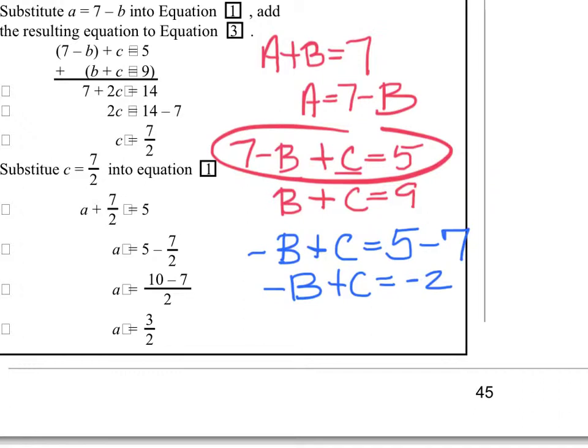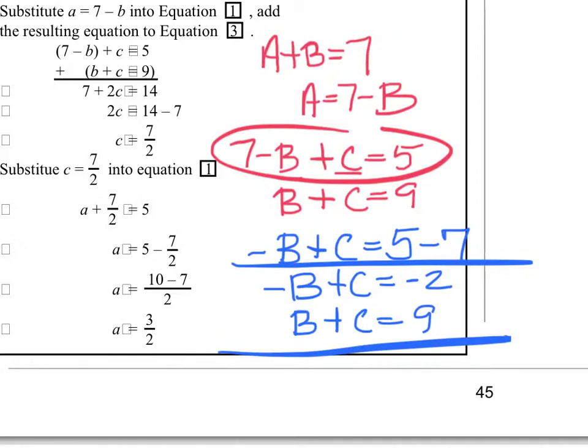We'll just draw a line there, and we'll put that with B plus C equals 9. And so you can take the bottom positive by negative. So the B's cancel out, so it would be 2C equals negative what?